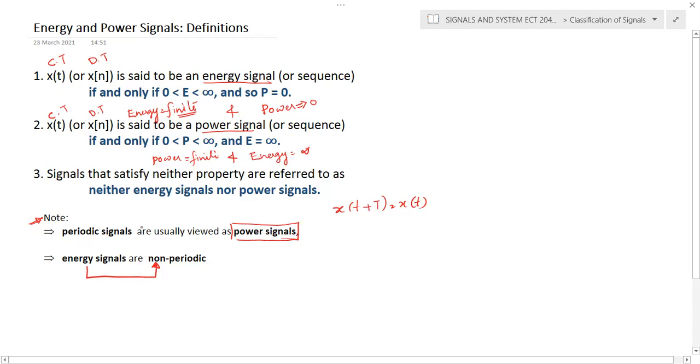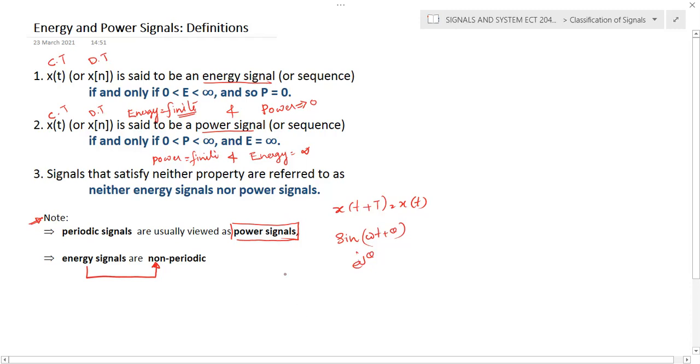In the case of power signals, all the periodic signals are power signals. For example, sinusoidal signals and complex exponential signals are periodic signals and they are power signals.